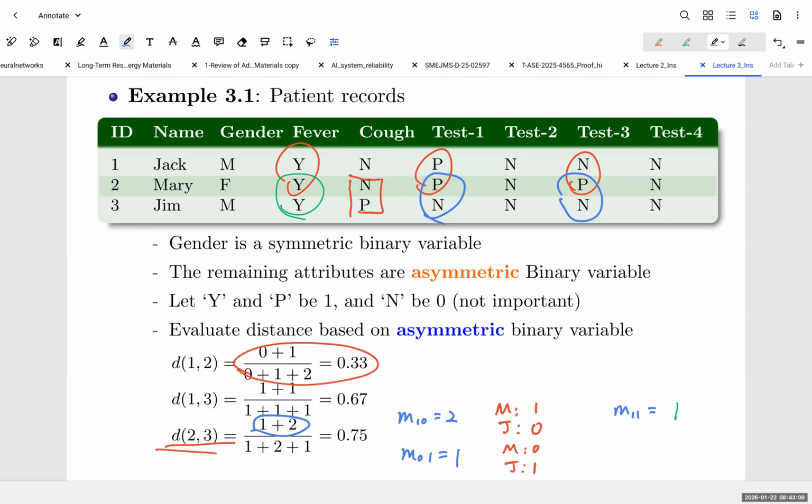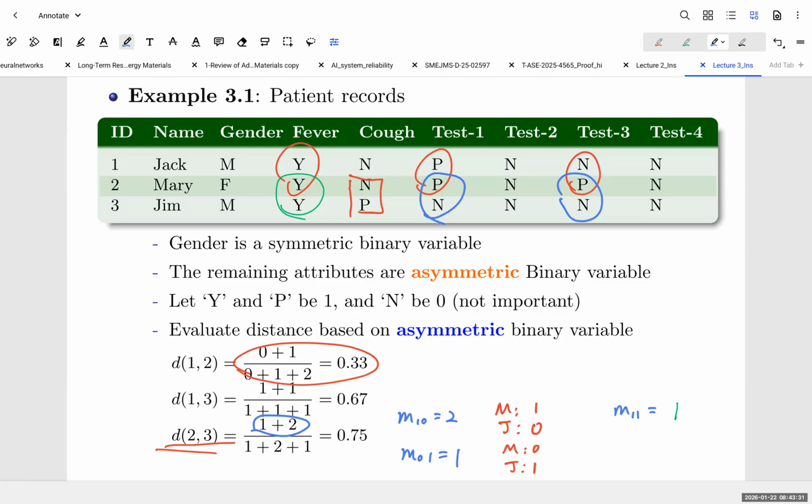So this is the distance for asymmetric binaries. That is more important than for the symmetric binary variables. Do you like this idea? By hand, for this simple case, right? I made a mistake at the beginning. You like this? To do this by hand? I don't think so. That's why we use computer to learn it, right?